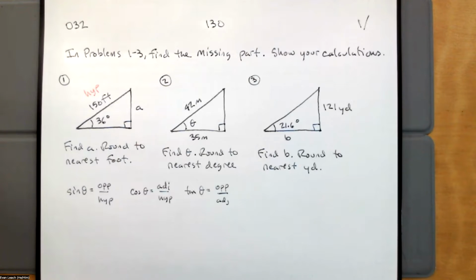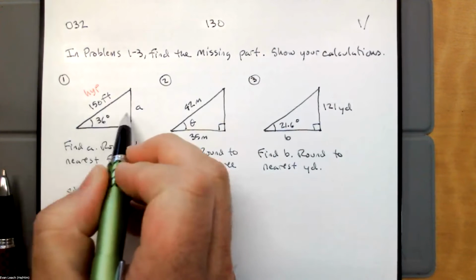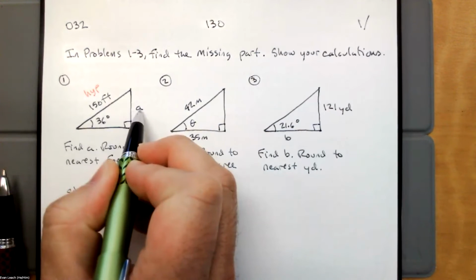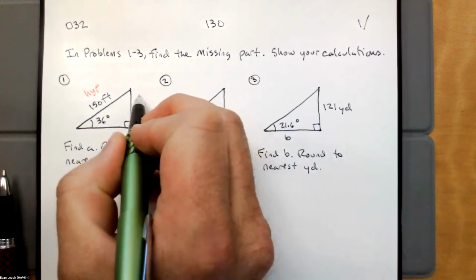We look at the given angle, 36 degrees, and then we look at the A, and we have to decide what A is relative to that 36-degree angle. Here's 36. What would we call A? Opposite.